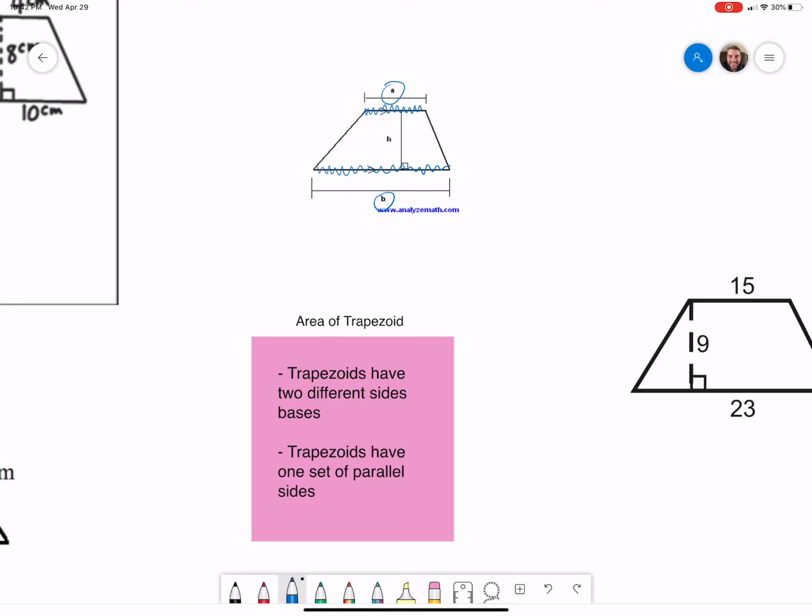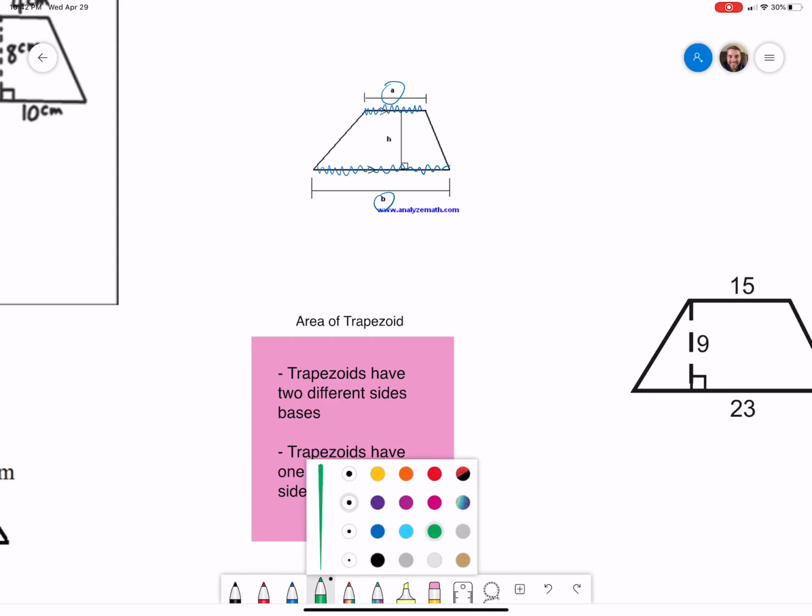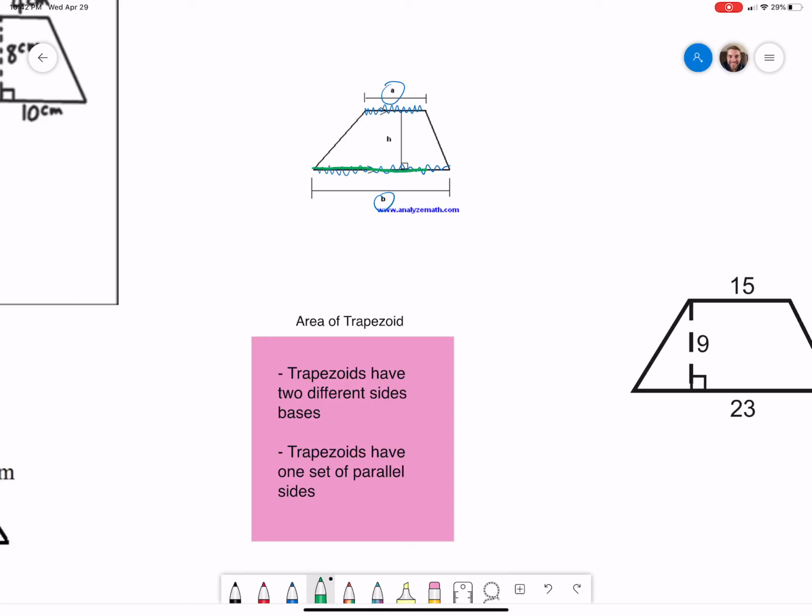The bases, I'm going to color in green. The base right here is parallel to this base right here. That means if I extended them out, the lines would never touch. Remember, that's what we learned last year in 5th grade: parallel lines never ever touch.